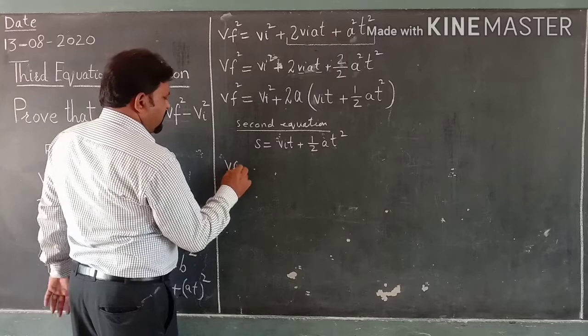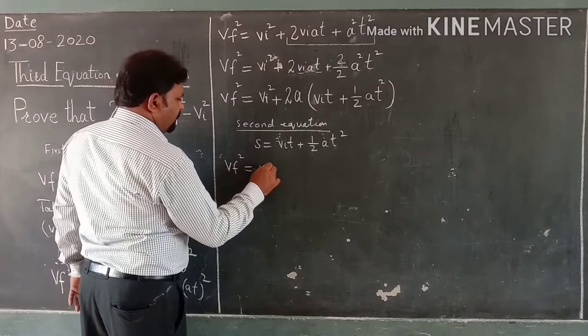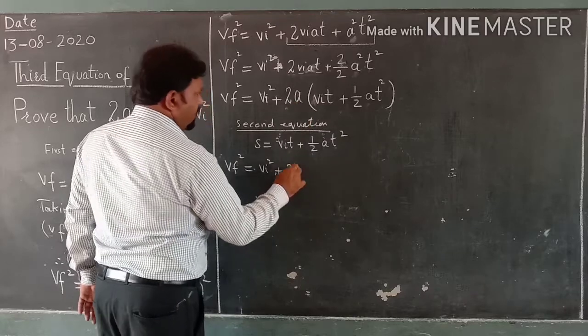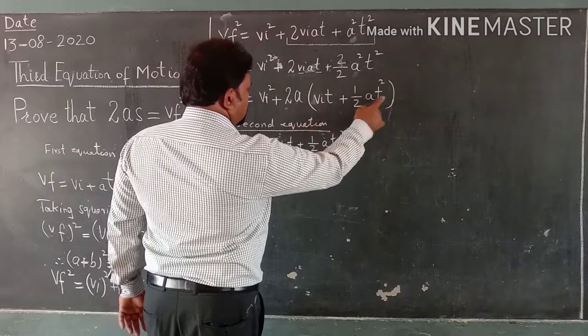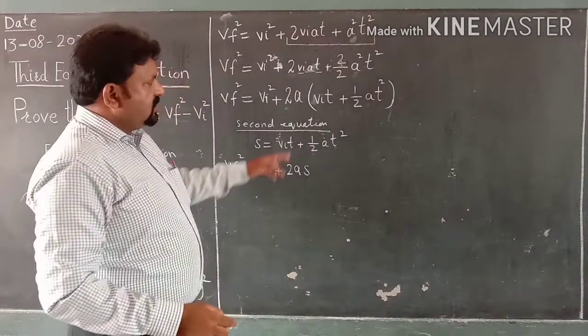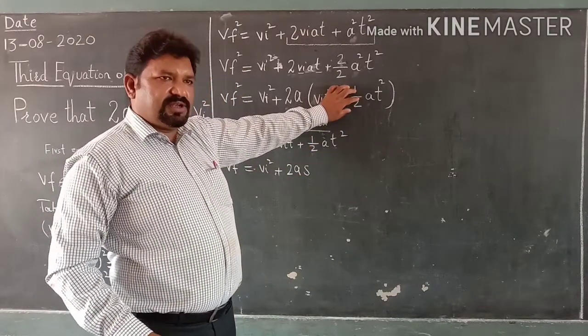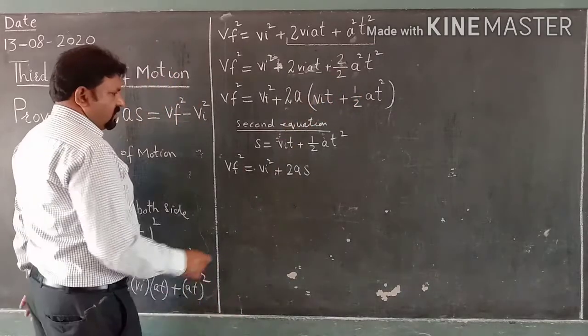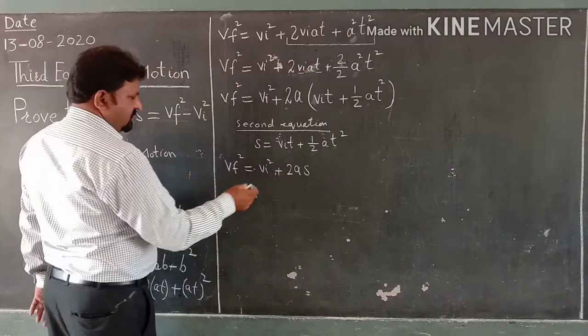So Vf square is equal to Vi square plus 2a. So here we will write S because this is the second equation of motion, that is equal to S. So we will rearrange it.